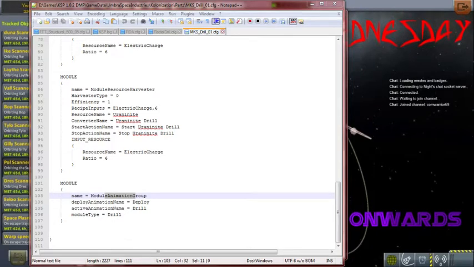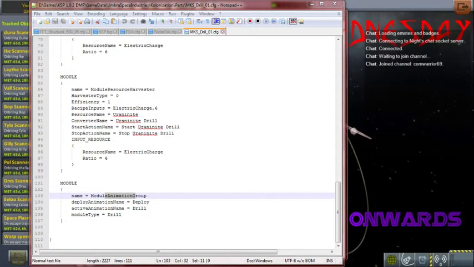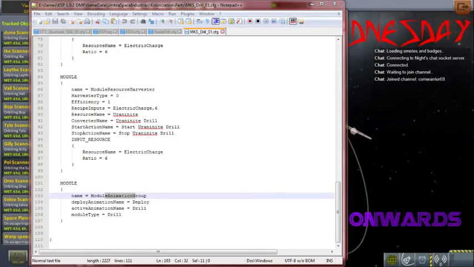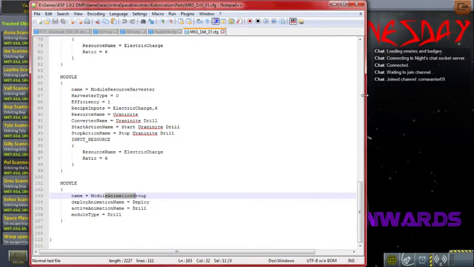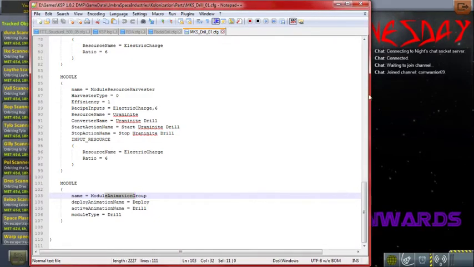Wait. Oh. I was looking at the wrong cursor then. How's that? I have noticed that. I wonder if that's a time that I can change.